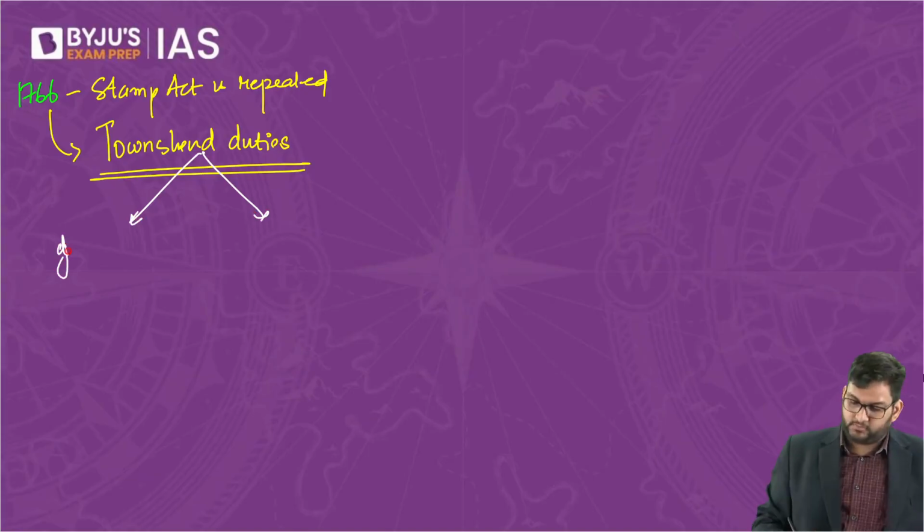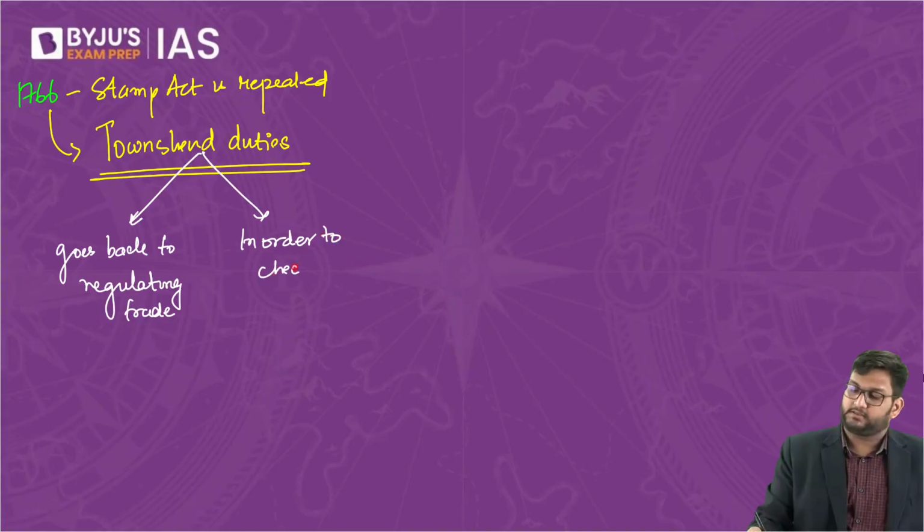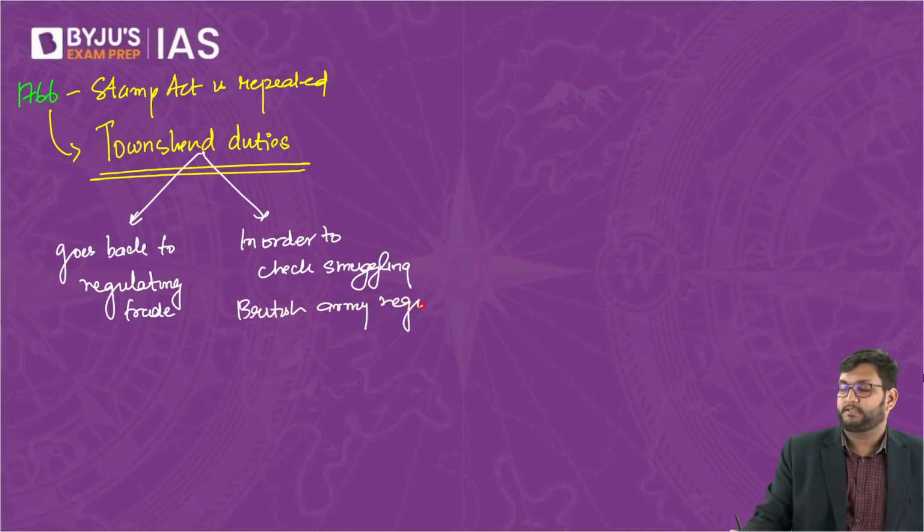It goes back to regulating trade, and in order to check smuggling, British army regiments are stationed in America.